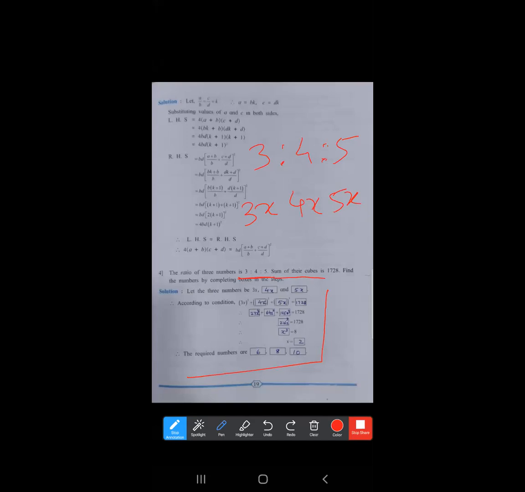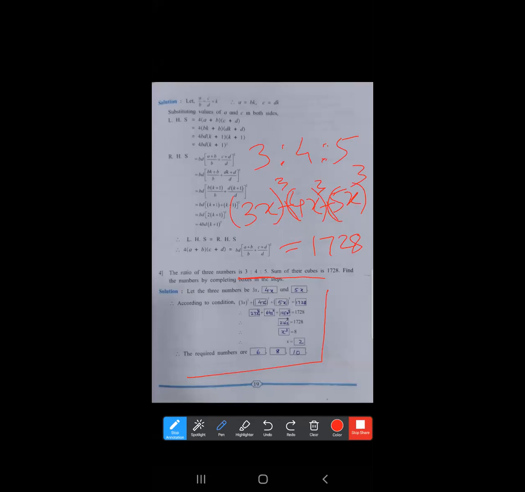Sum means addition. So the sum of their cubes, that is 3x whole cube, 4x whole cube, 5x whole cube, all three added, is equal to 1728.